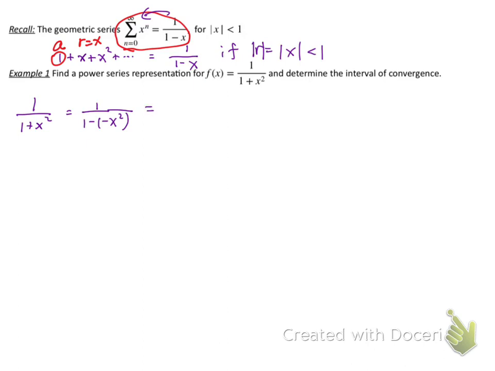So again, using the formula upstairs, we have the sum from n equals 0 to infinity. The x in the formula became our negative x squared. So negative x squared to the nth power. And if I rewrite the sign part and the absolute value part, it will be negative 1 to the nth power, then x squared to the nth power, or x to the 2n.